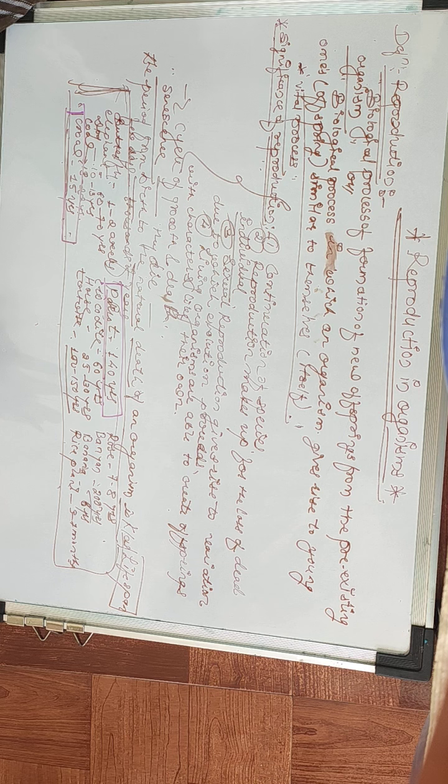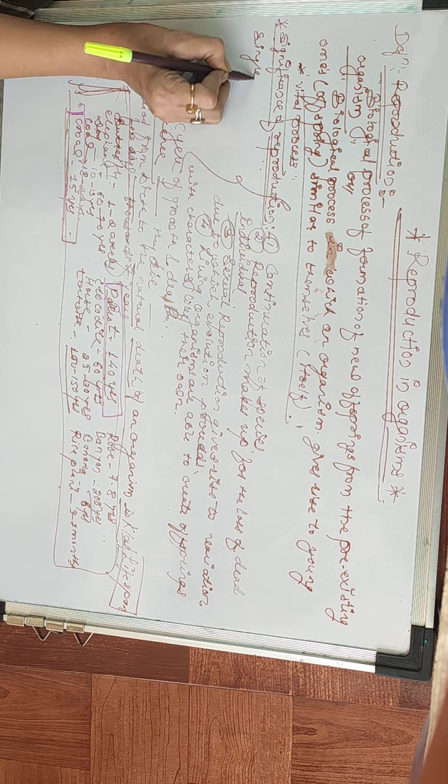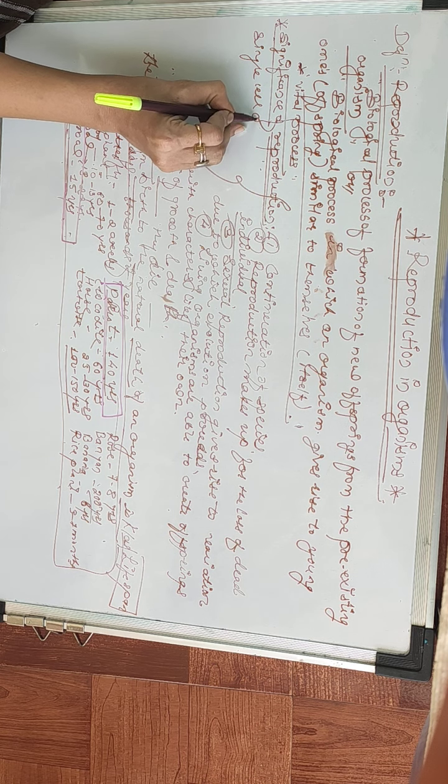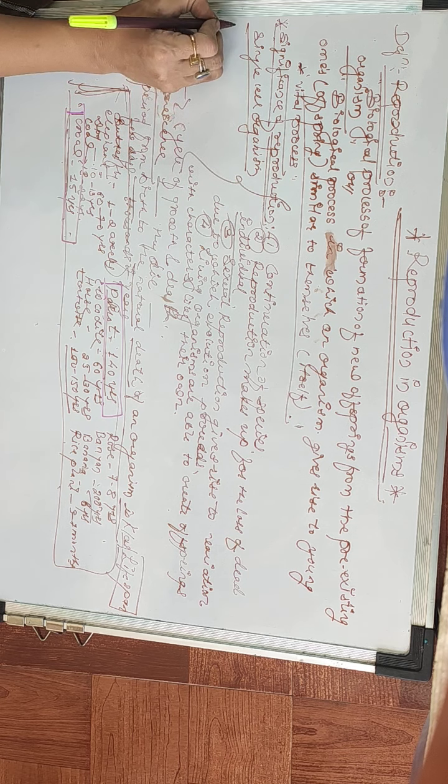I repeat this statement: the death of every individual organism is a certainty, except single cell organisms. So what happens in the single cell organism? Except unicellular organisms.